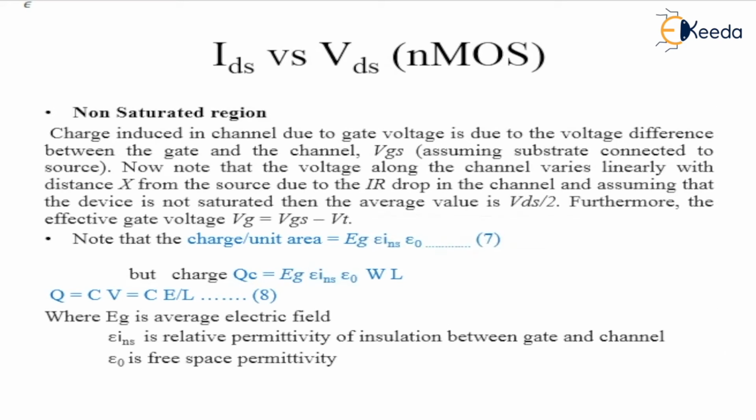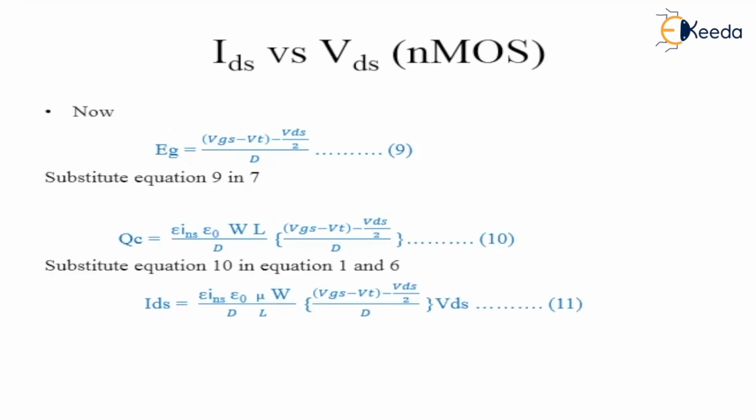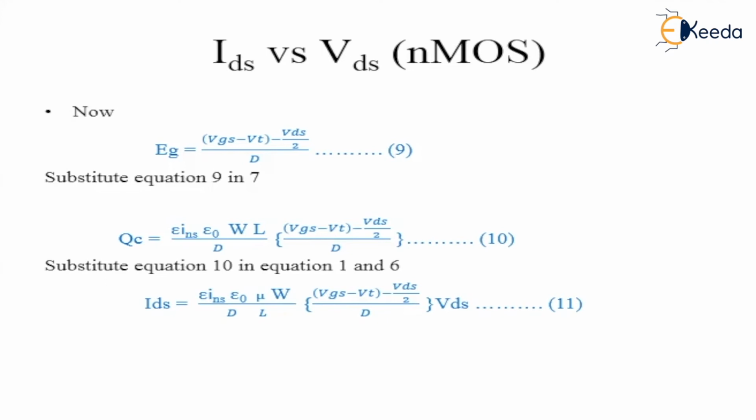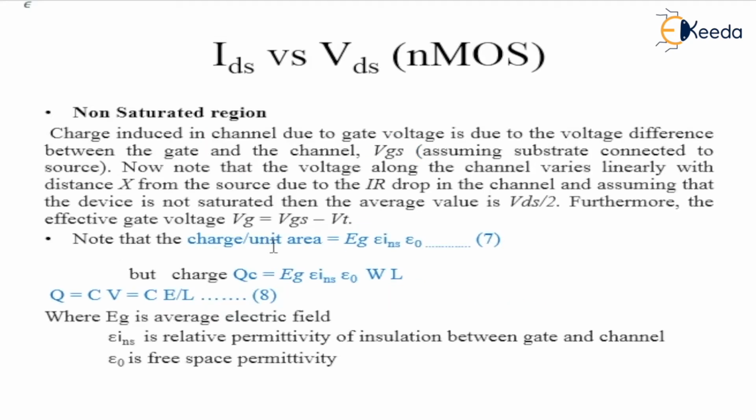Next, going to the next slide, the effective gate voltage Eg is developed with the help of two voltages. So I said now here, the channel is generating two IR drops.